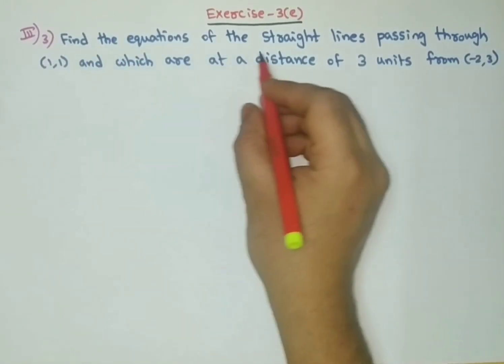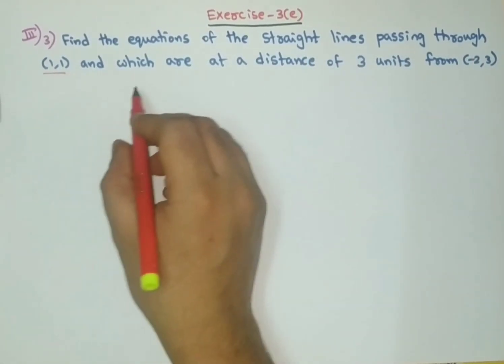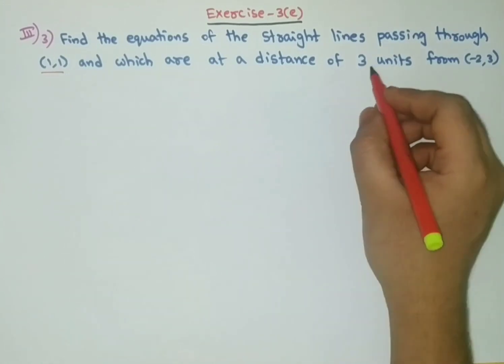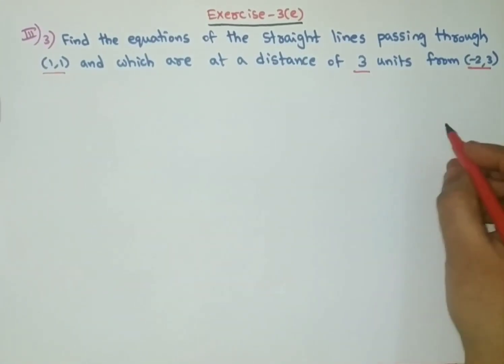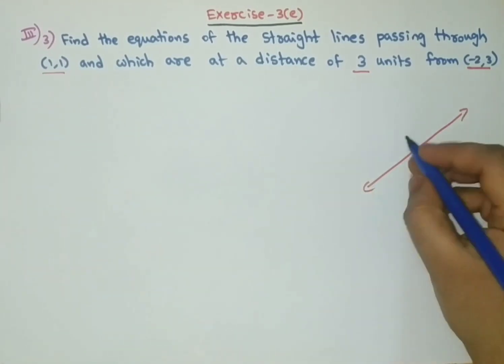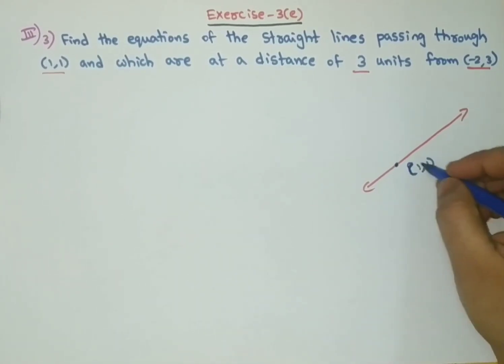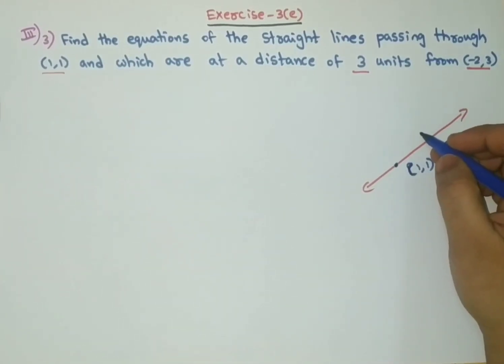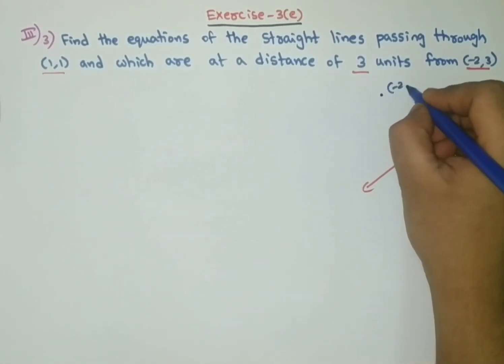Find the equations of the straight lines passing through the point (1, 1) and which are at a distance of 3 units from (-2, 3). We need to calculate the line equation which is passing through the point (1, 1), and this line is at 3 units distance from the point (-2, 3).